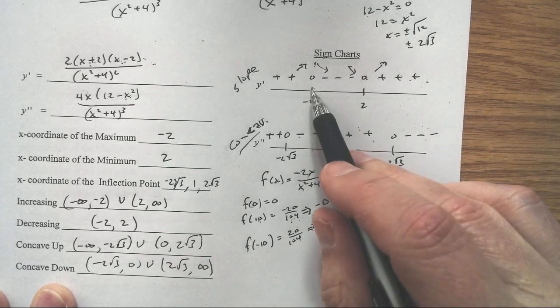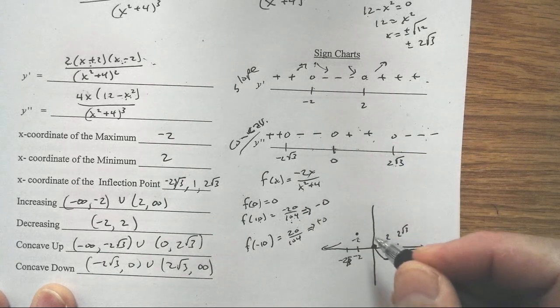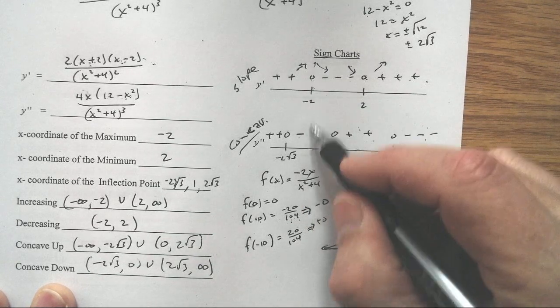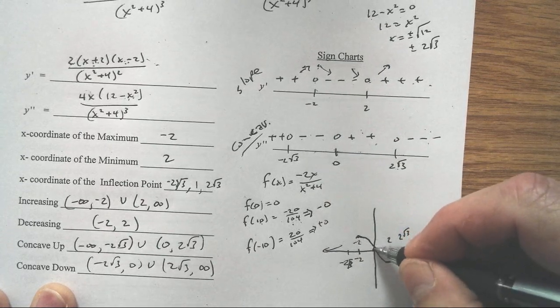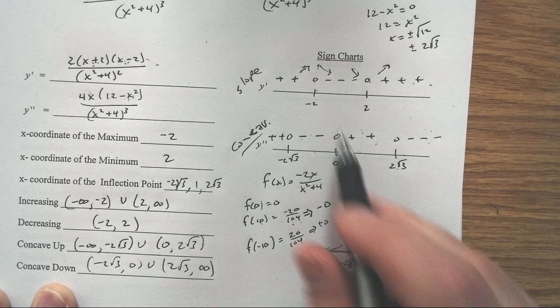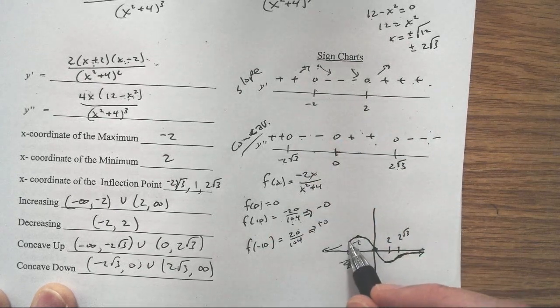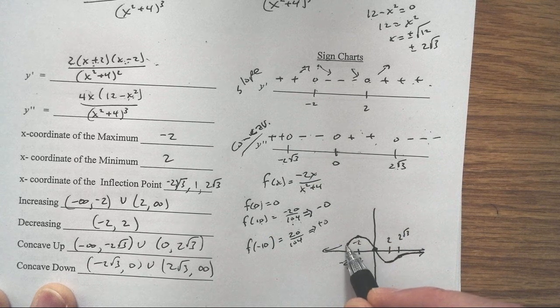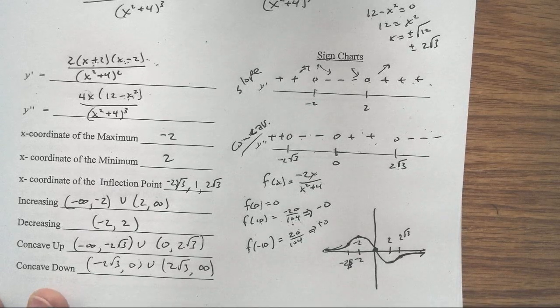At negative 2, we've got a maximum. And at negative 2, it's cupping down. Cupping changes at 0. Cupping changes at negative 2 square root of 3. So cupping down to here, and then it should appear to start cupping up. It's not really an angle. I'm just maybe overemphasizing that a little bit.